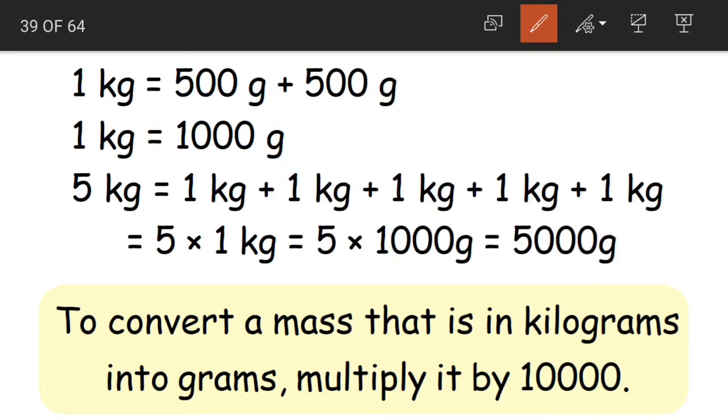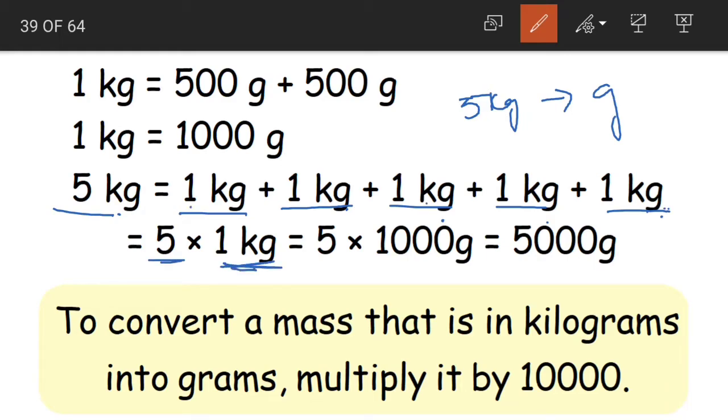Now what if we want to convert 5 kgs into grams? 5 kilograms into grams. Now 5 kilograms is nothing but 1 kilogram plus 1 kilogram plus 1 kilogram plus 1 kilogram plus 1 kilogram. This is how much, children? 5 into 1 kilogram.